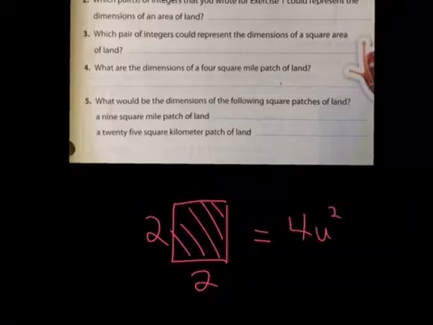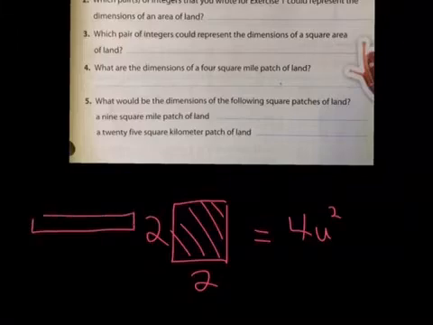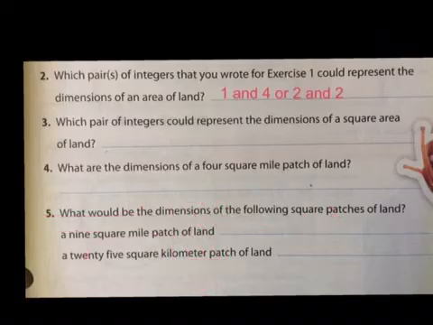We could also have one that looks really long, 4 by 1. That would also be 4 square units. So 1 and 4, or 2 and 2.